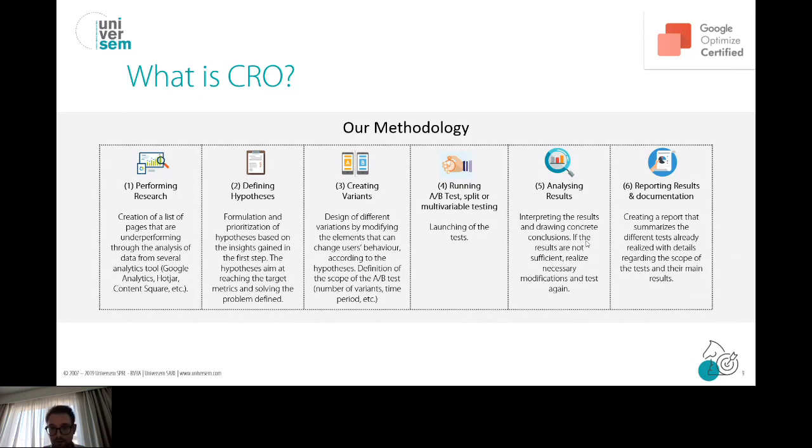Very important part as well, the analysis, because you can analyze your results based on the primary objective, but also based on secondary objectives. And so by going into Google Analytics, you will see what happened, for example, in terms of page views, but as well in terms of number of people that converted versus the total revenue, and so on. And then the last step is about documentation, documenting the reporting results.